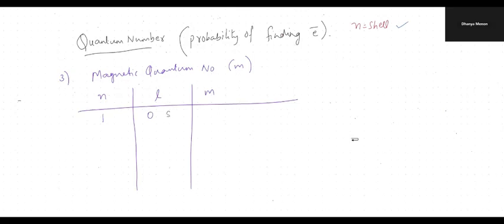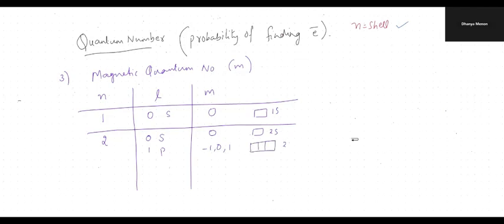And M value is also 0. And we have the 1s orbital. When n value is 2, we have L values 0 and 1. 0 represents the S, 1 represents the P. For 0, M is 0. For 1, M will be minus 1, 0, plus 1. This will be 2s. 0 represents the s orbital. This is 2p, 3 orbitals, 1, 2, and 3.